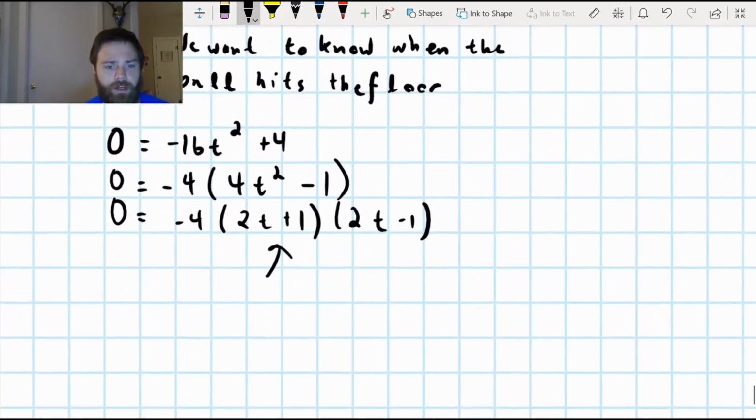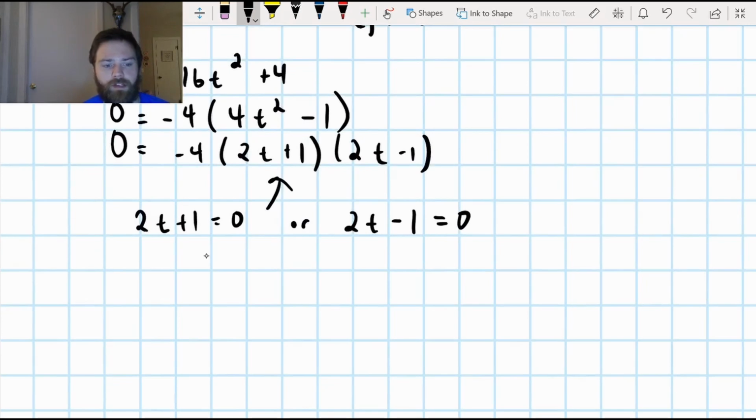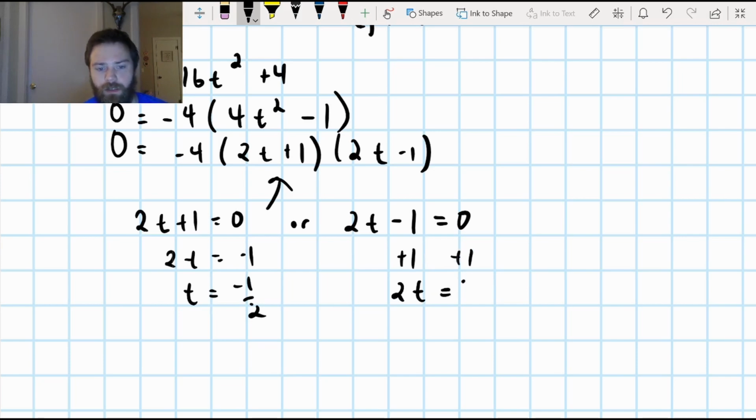Right here, I can already start to solve this. I can take 2t plus 1 and set it equal to 0, or I can take 2t minus 1 and set it equal to 0. If I subtract 1 from both sides, I get 2t equals negative 1, and t equals negative 1/2. Over here, if I add 1, I get 2t equals 1, and t equals 1/2.